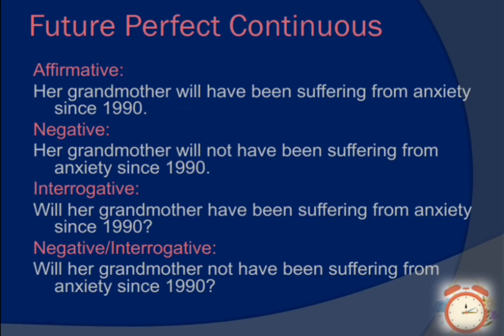Sentences for future perfect continuous. Affirmative. Her grandmother will have been suffering from anxiety since 1990. Negative. Her grandmother will not have been suffering from anxiety since 1990.